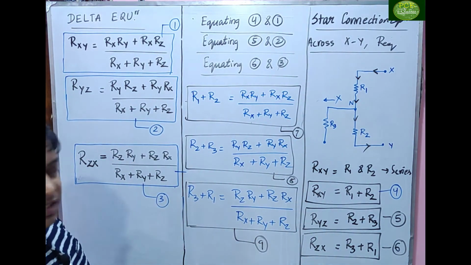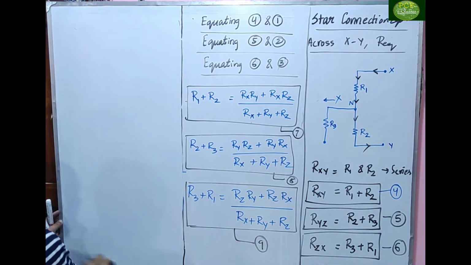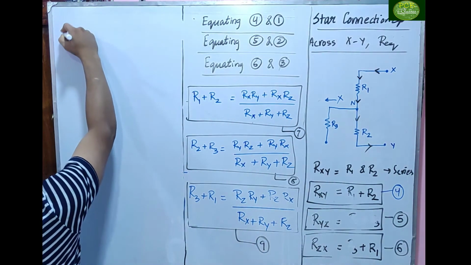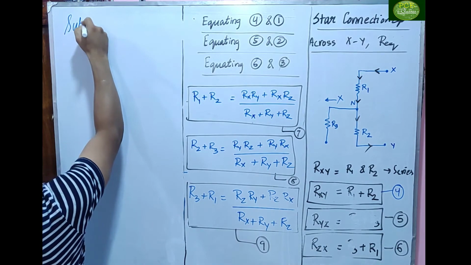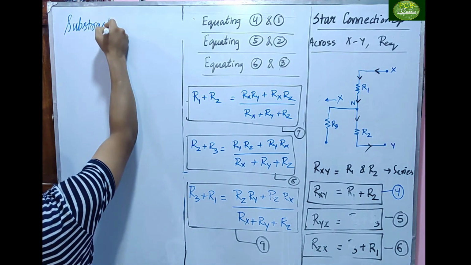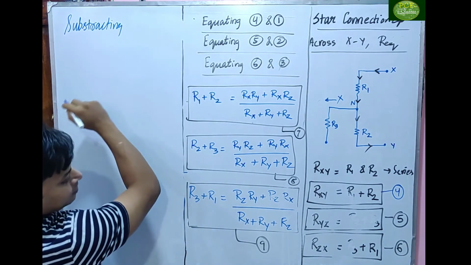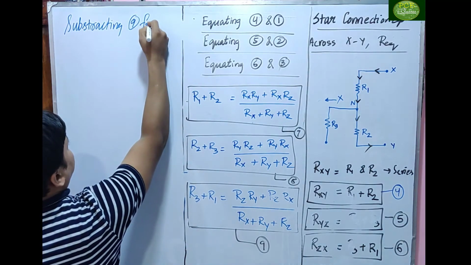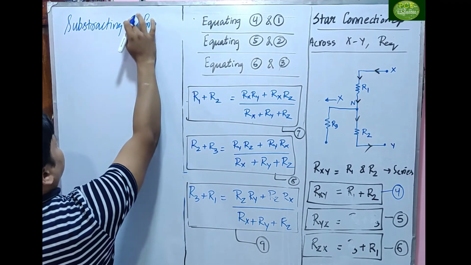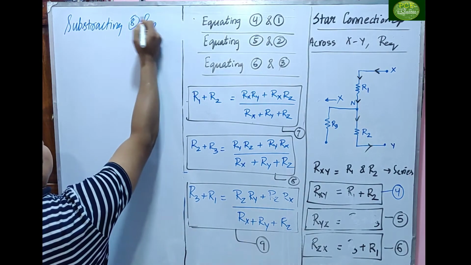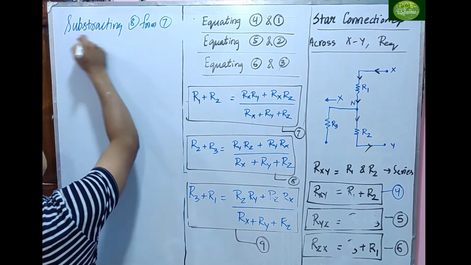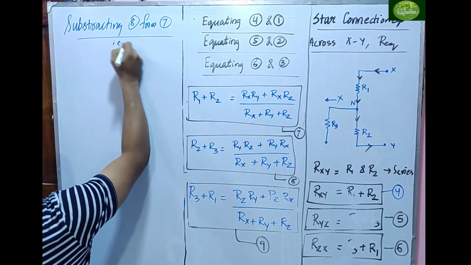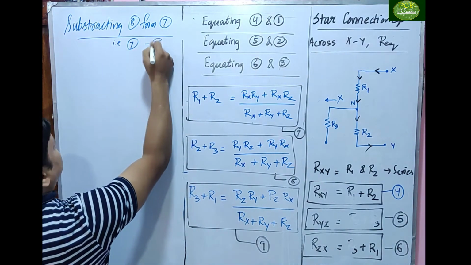Let it be equation number 7, 8 and 9. Subtracting 8 from 7, that is you have to subtract 7 minus 8.